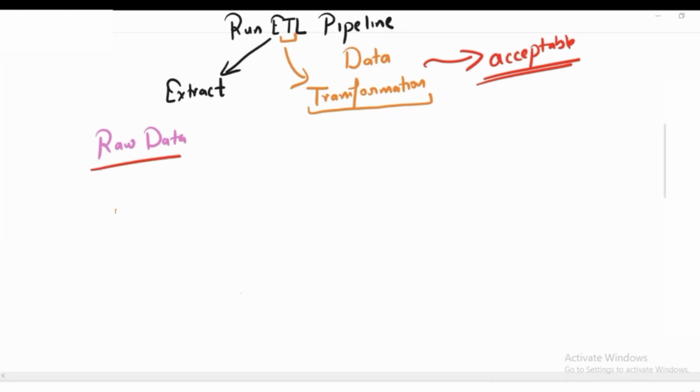Again, imagine this raw data has some duplicate rows. You can say, okay, I can remove these duplicate rows, because the moment you have duplicate rows, it may impact your analysis. So the first cleaning or the first transformation or pre-processing, it could have multiple terms, is removing the duplicate values.